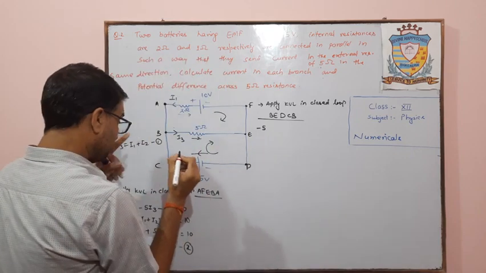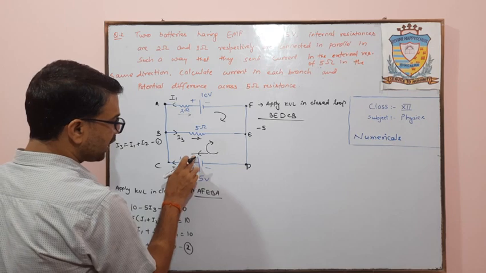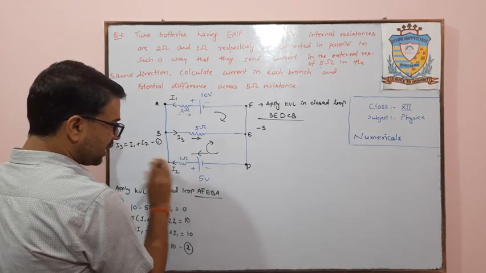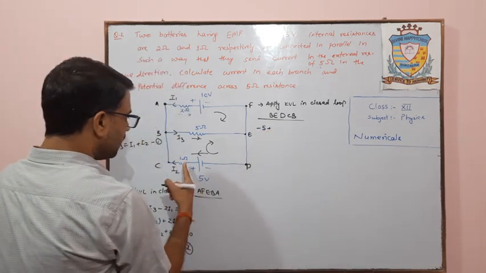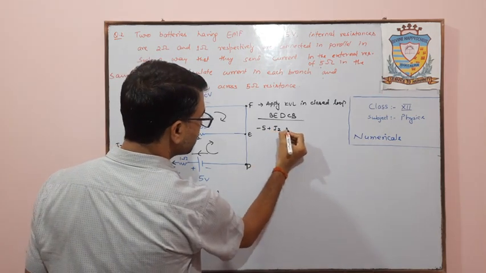Now for this resistance, this is the direction of current and this is the direction of calculation. Both are in the same direction, so we'll take positive, that means plus I2 into 1, that is I2.